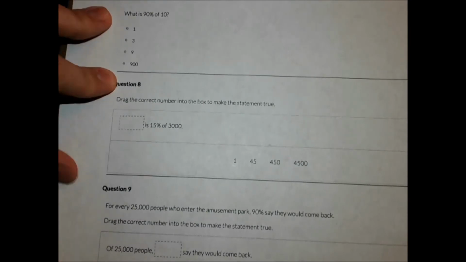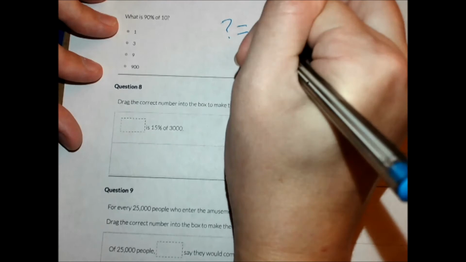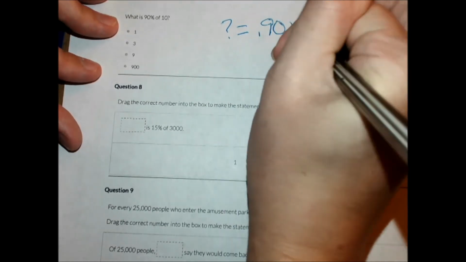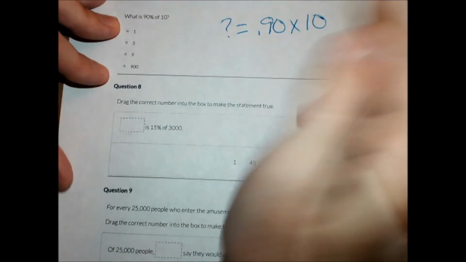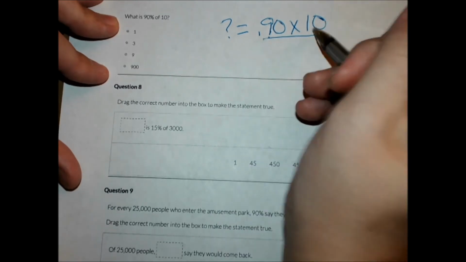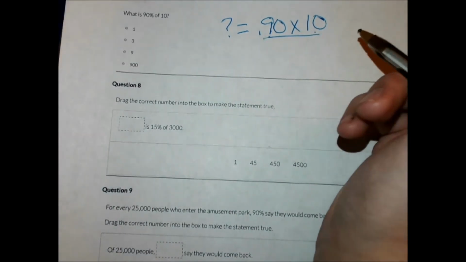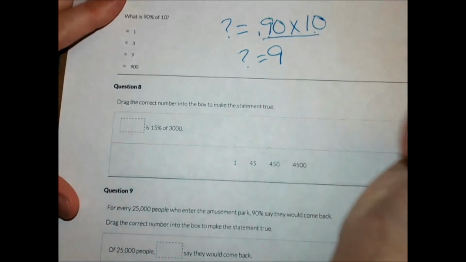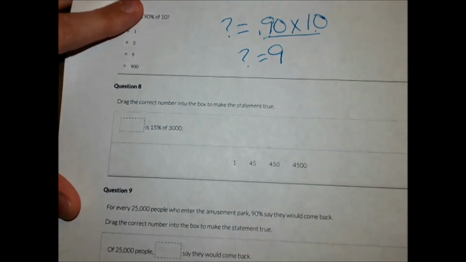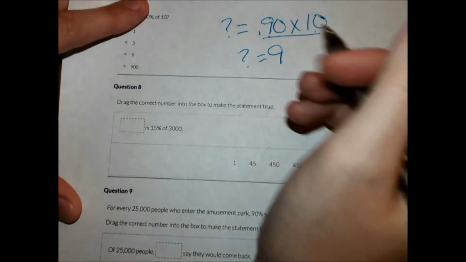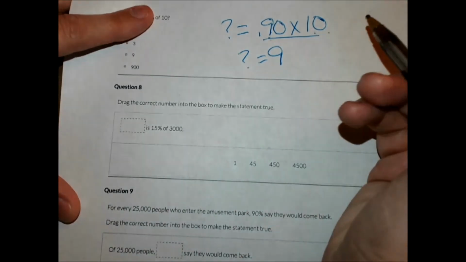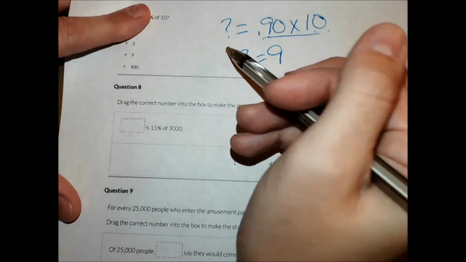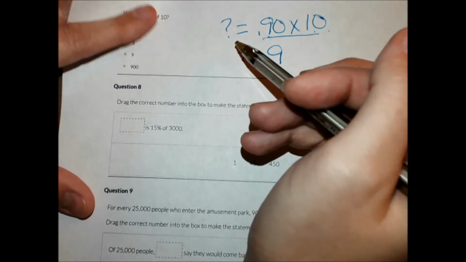Okay, what is 90% of 10? So all you have to do is multiply 90% of 10, or 0.9 times 10, and you do get that that is 9. When they're both on the same side, you can go ahead and multiply. If one is on the side with the question mark, that's when you divide.